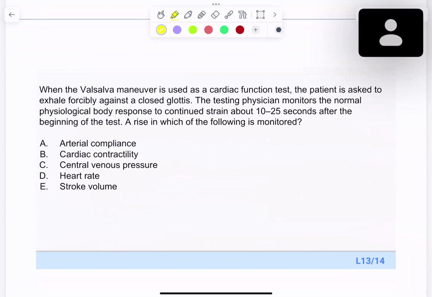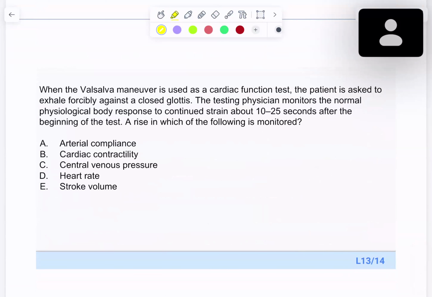But the next question says, when the Valsalva maneuver is used as a cardiac function test, the patient is asked to forcibly exhale against a closed glottis. The testing physician monitors the normal physiological body response to continued strain about 10 to 25 seconds after the beginning of the test.